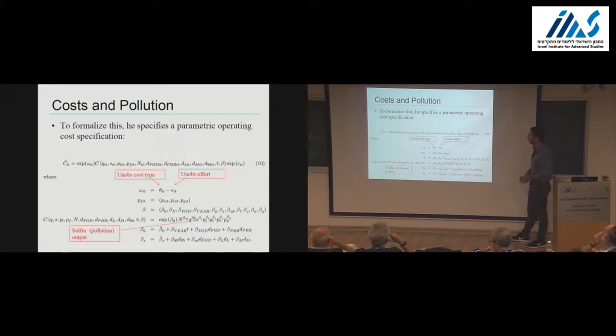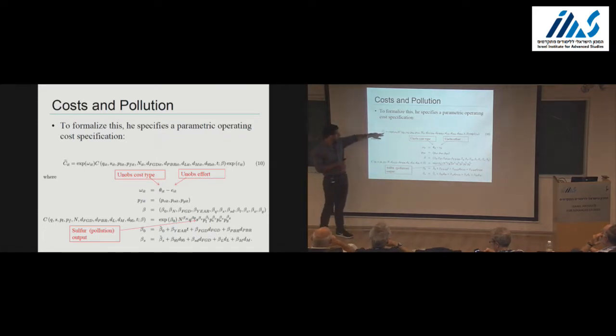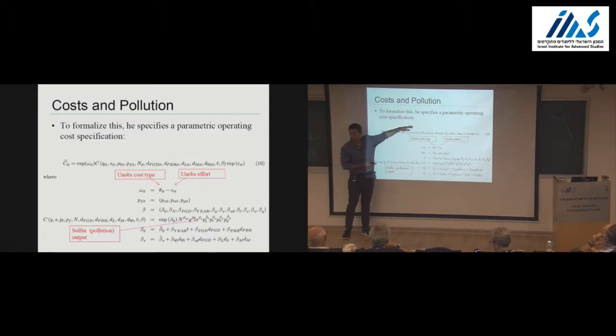Okay, so to formalize all this, he specifies a cost function. This is going to be the observed cost of utility i in period t. This is a productivity parameter, which scales up and down all the other costs, like the cost of electricity and so on. The determination of this is where you see both the adverse selection and moral hazard.